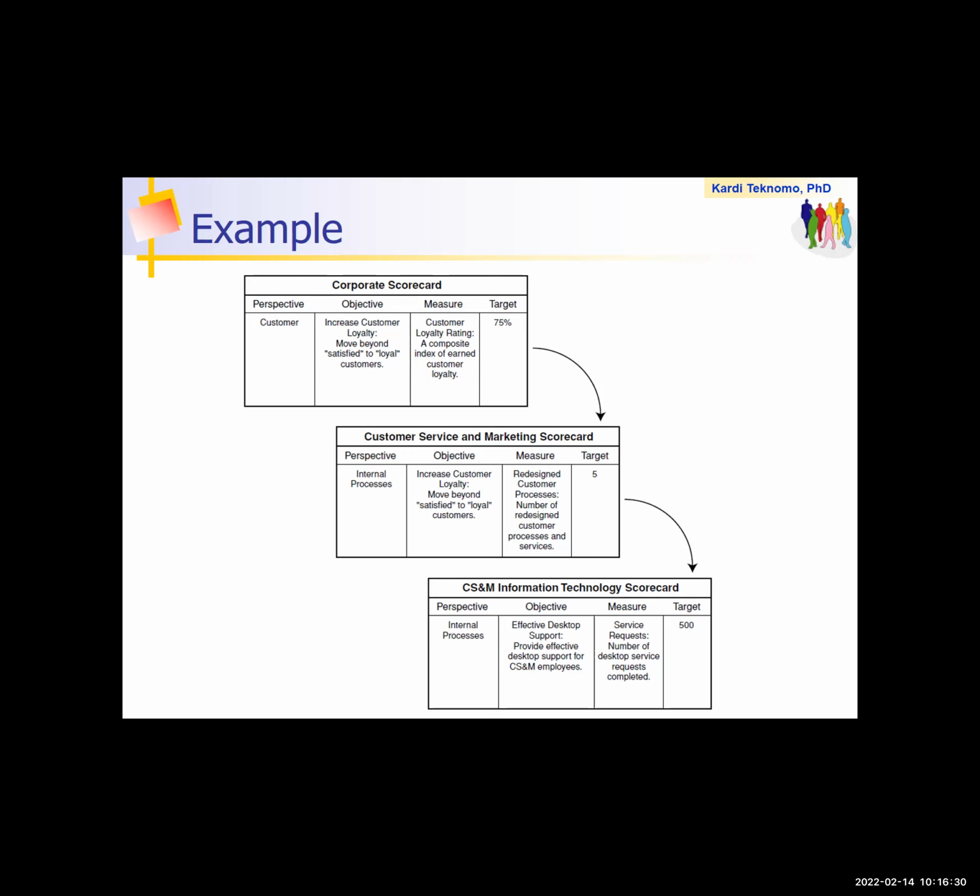Again, you put it down into the internal process for the same corporate objective. Say, in the IT department, you will say, I will develop desktop support. In that case, the measure is the number of desktop service requests completed. The target is 500 per year, for example.